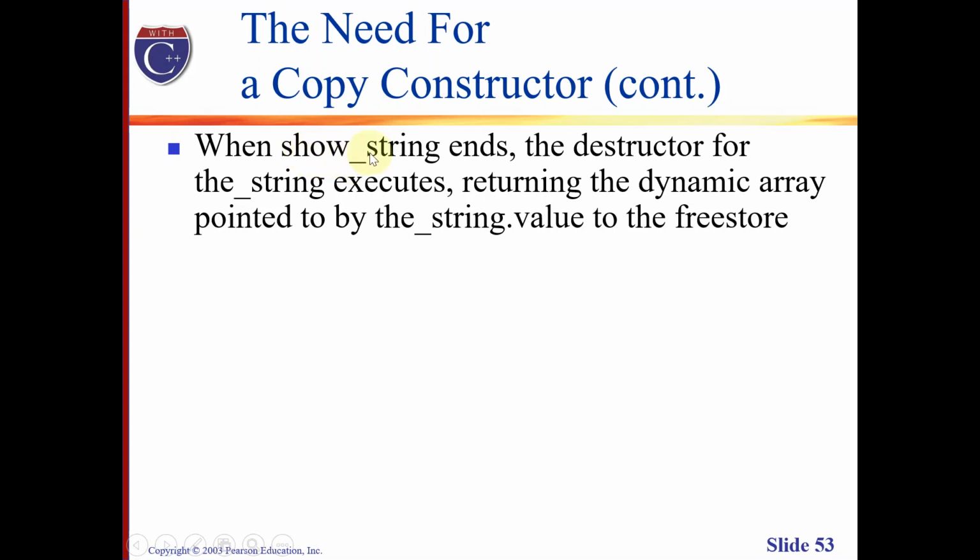When the instance of showString ends, the destructor for this object executes. In this case, the string, therefore, returning the dynamic array pointed to by the string value to the free store. Therefore, if showString and the string are pointing to the same memory address, after the destructor function of the string is called, this will leave showString pointing to the same memory address that has been deleted.